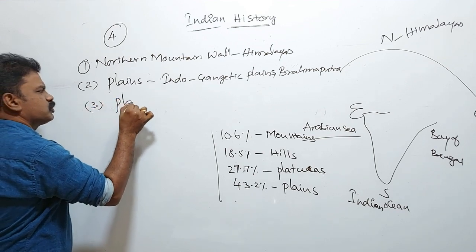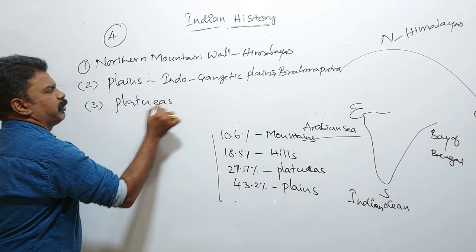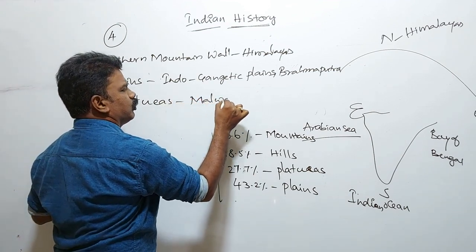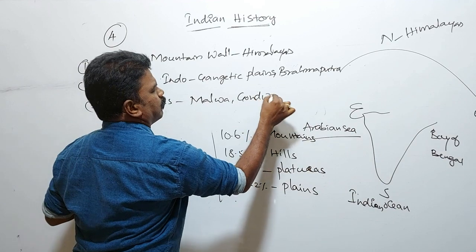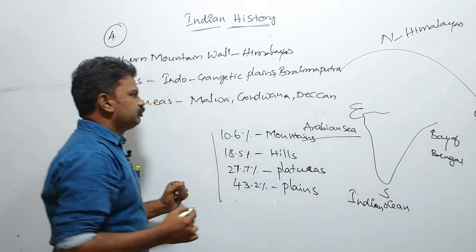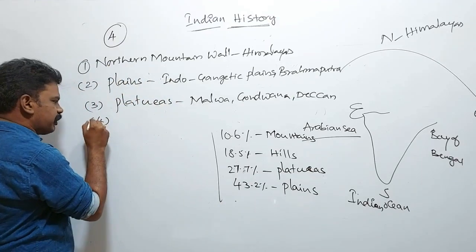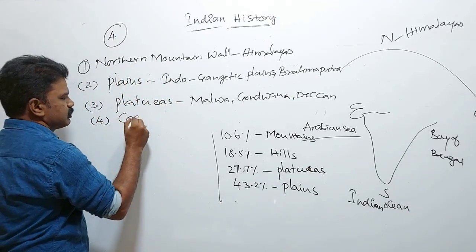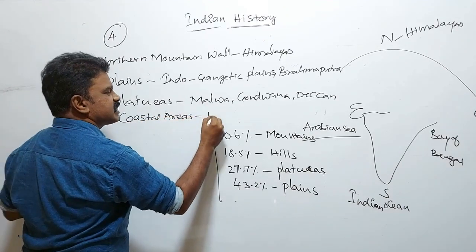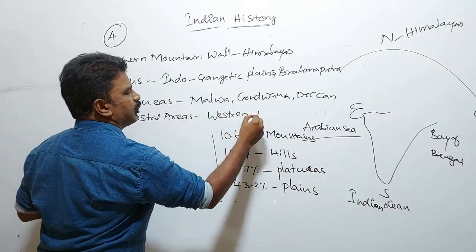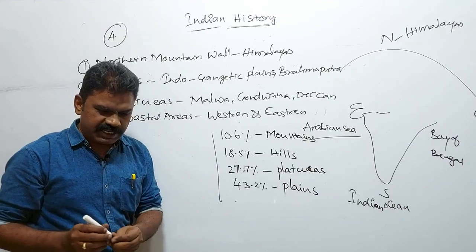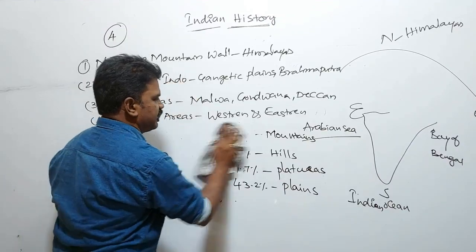Third, plateaus: the Malwa Plateau, Gondwana Plateau and Deccan Plateau. Fourth, coastal areas: India has two coastal areas, the western coastal area and the eastern coastal area.